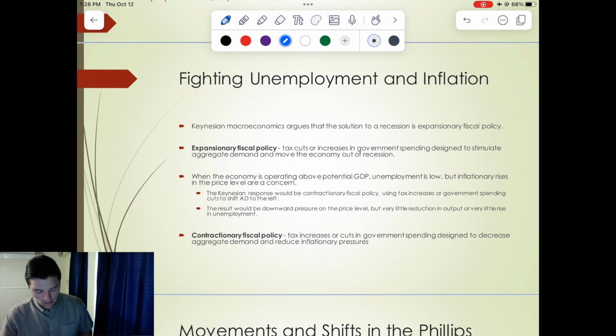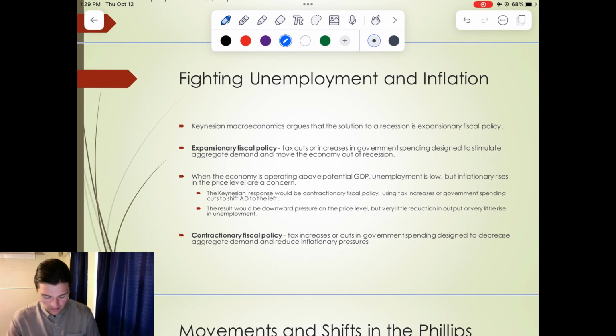And so Keynesian macroeconomics argues that the solution to a recession, in the sense of fighting unemployment and inflation, is to do expansionary fiscal policy. We're going to be talking more about these in depth in another chapter, but the basic idea here is that we're looking at government spending and taxes.